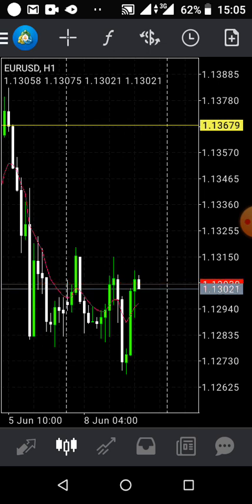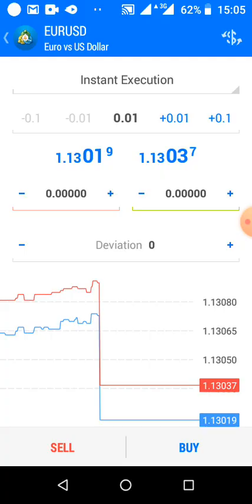So we'll go to this icon for market execution at the top right and take it. Now you can see instant execution. Instant execution means that as you are executing it, the market should just carry out your order.